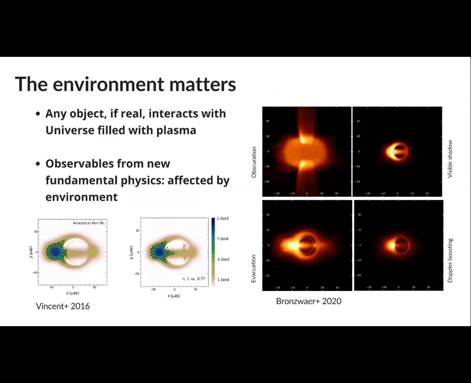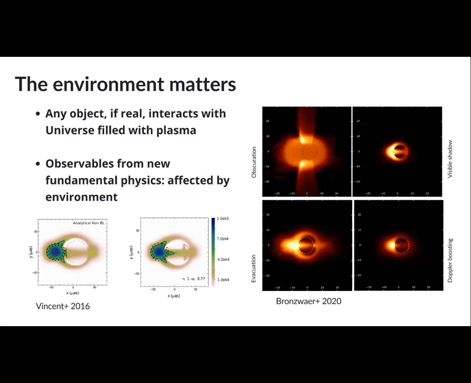But if any of these objects exist in reality, whatever object it is, it must interact with a universe full of plasma. So all the possibilities of detecting effects from extra fields will be limited and affected by our understanding of the plasma. Here you have some cases of how the plasma properties affect the appearance of something as fundamental as a black hole shadow.